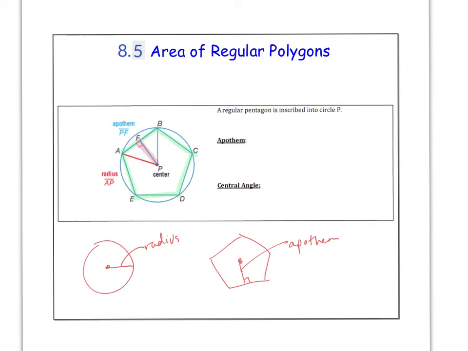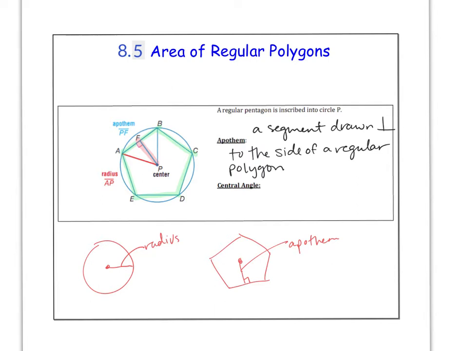Let's write down the actual definition. An apothem is a segment drawn perpendicular to the side of a regular polygon from its center.